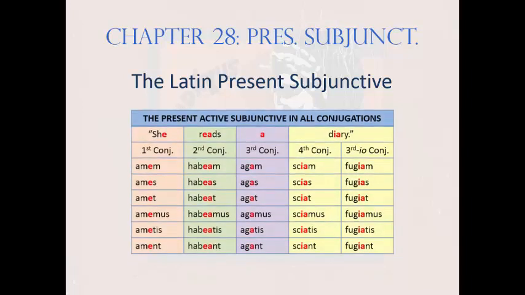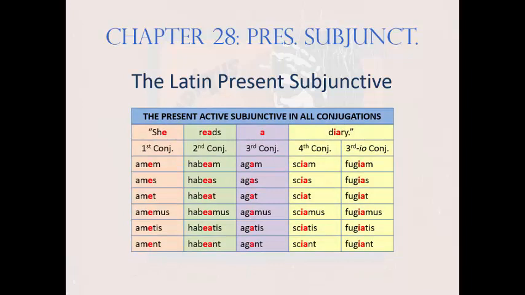Here's a chart. Love charts. Showing a representative verb from each conjugation in its subjunctive form. She: amem, ames, amet. Reads: habeam, habeas, habeat. Agam, agas, agat. Diary: sciam, scias, sciat. And fugiam, fugias, fugiat.